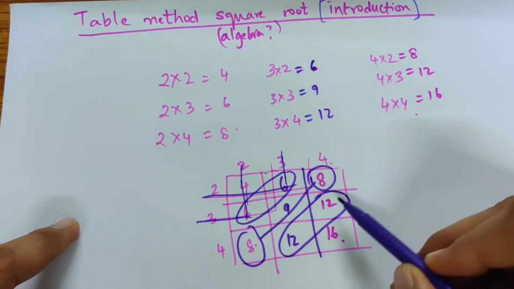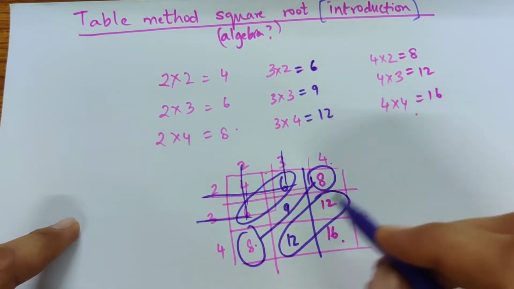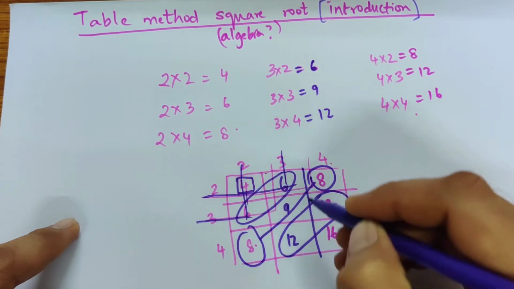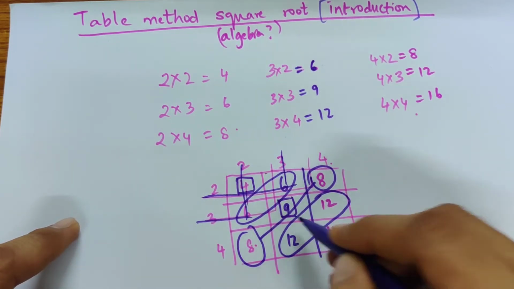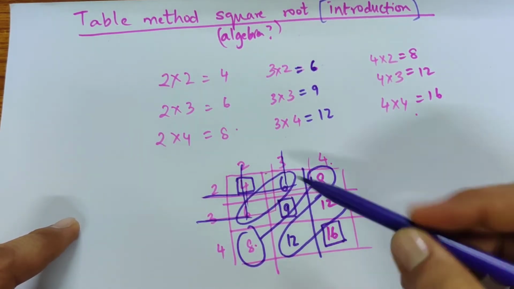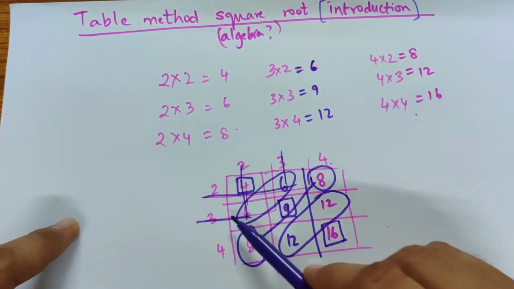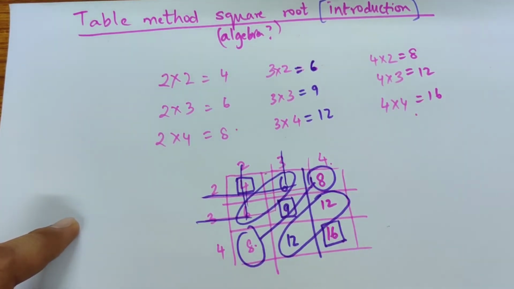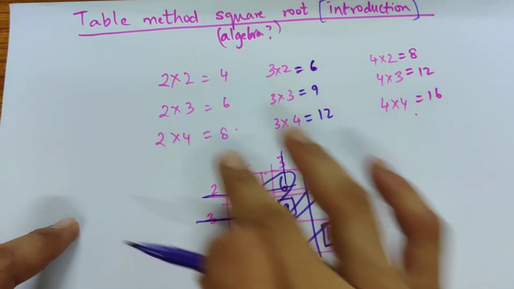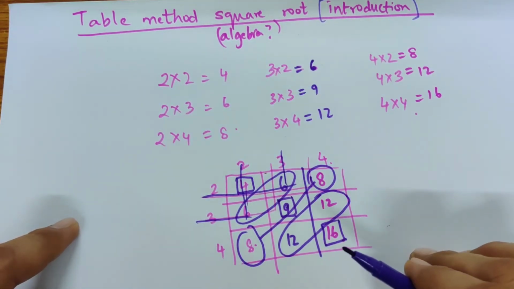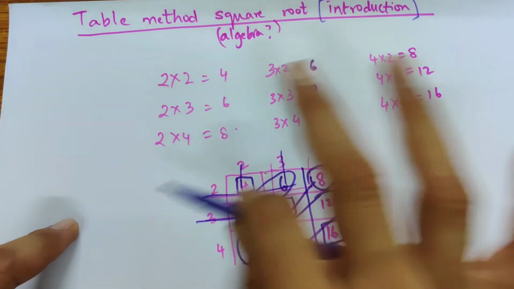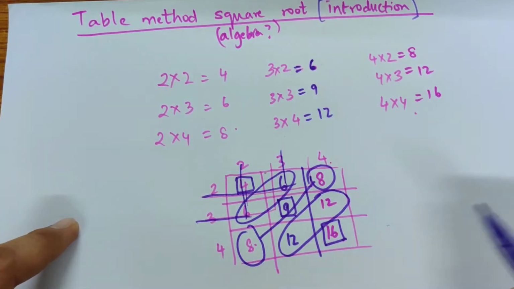You have these two the same, these two the same, those two the same. The unique ones are, you can see this one is only one of them, square of that, square of that, square of that. So you have 3 things that are squares and these 3 that are repeated. So this is the first thing that you can do when you are introducing the table method for square root, even without algebra, just in terms of how you can compactly write a table.